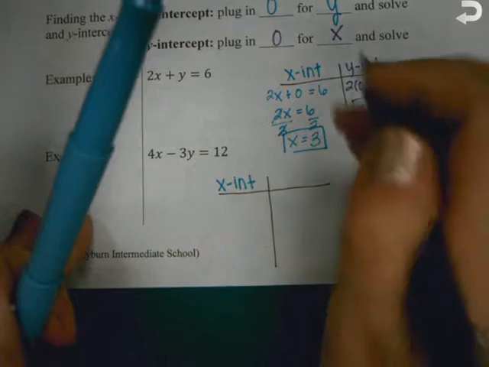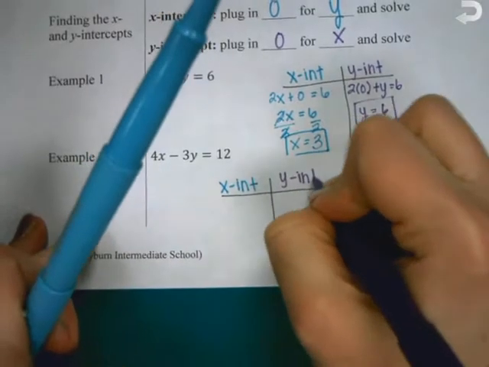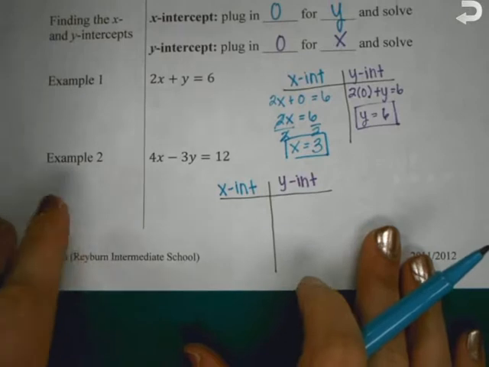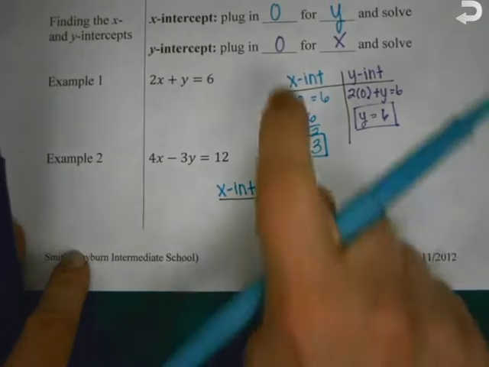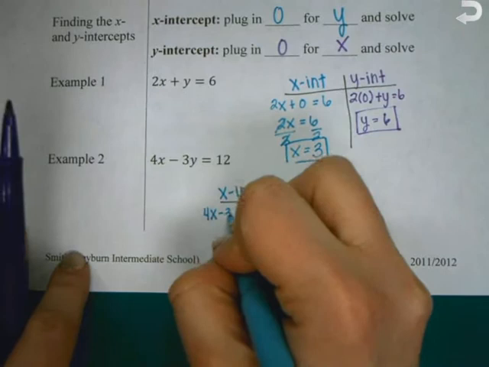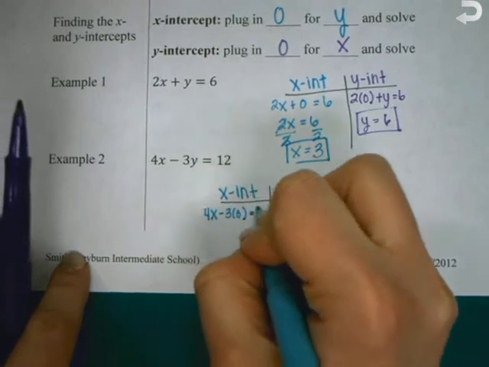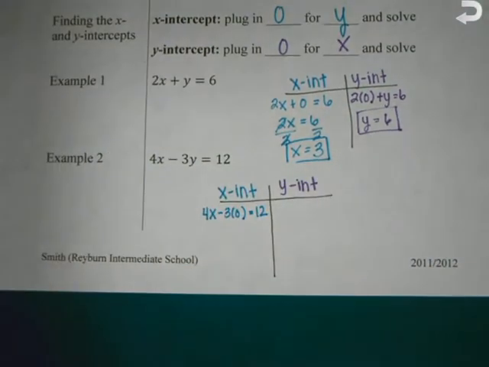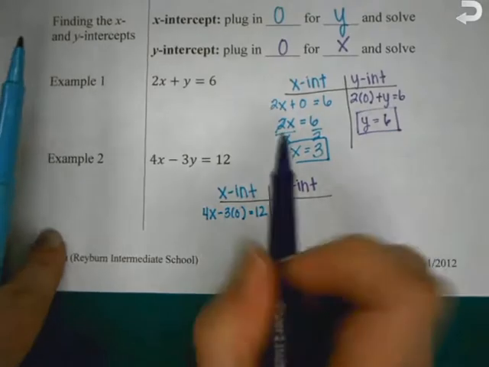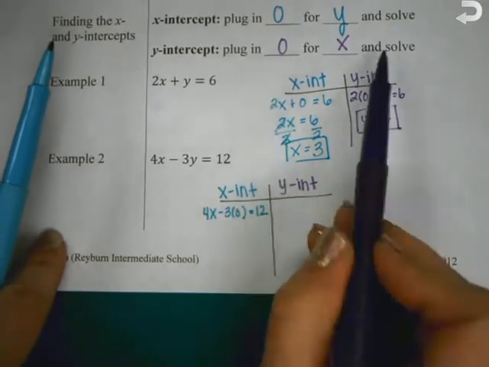To solve for the x-intercept, what do I do? Plug in 0 for y, so that's going to be 4x minus 3 times 0 equals 12. And to find the y-intercept, what do I do? Plug in 0 for x. So that's going to be 4 times 0 minus 3y equals 12.